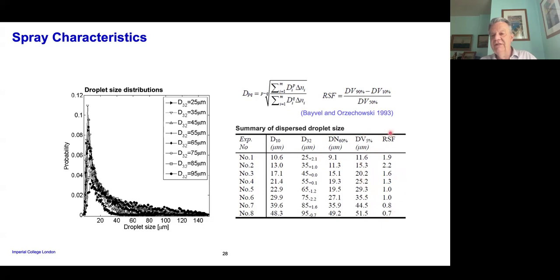We have also the spread of the size distributions, for which you see the definitions here. So there are many ways that you can characterize all these size distributions.